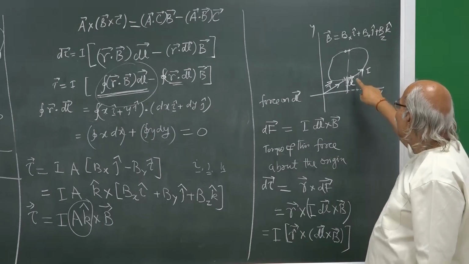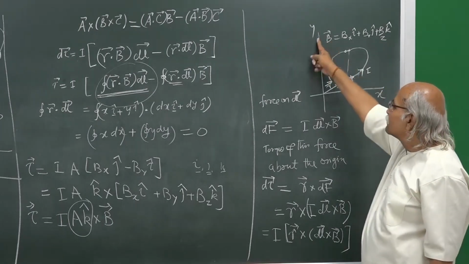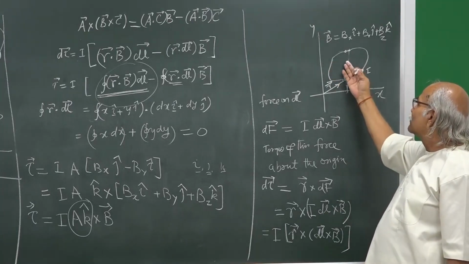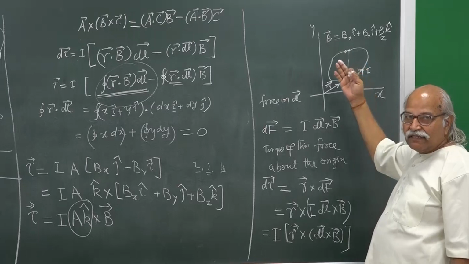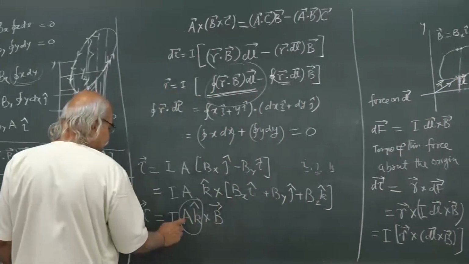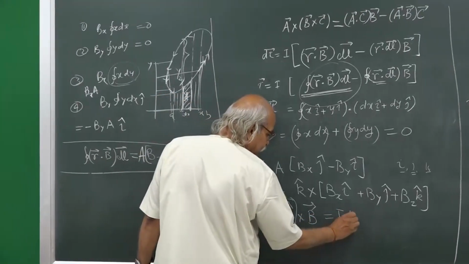So this A and k cap means: this is the x axis, this is the y axis, the z axis is perpendicular, k cap is the unit vector towards me, and therefore this A k cap can be written just as the area vector A.